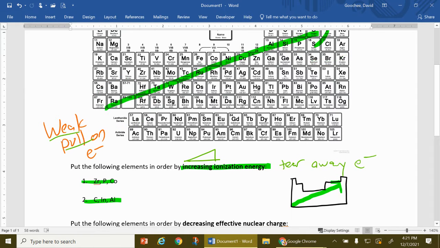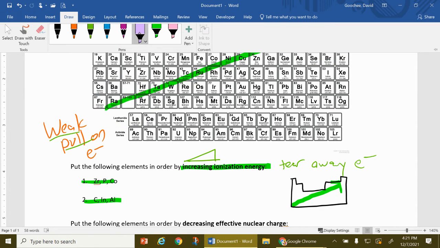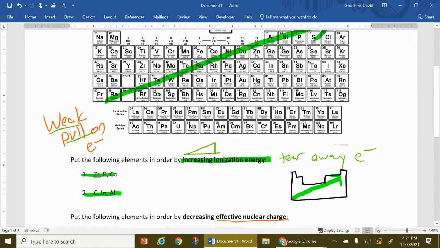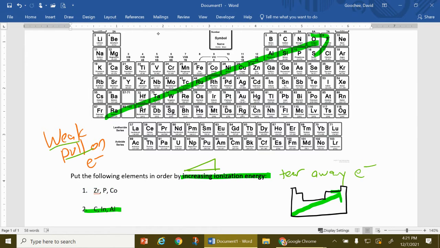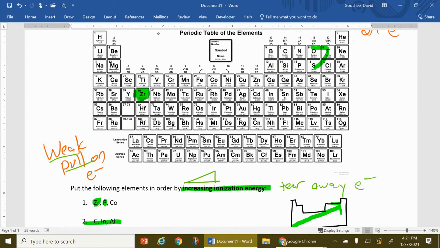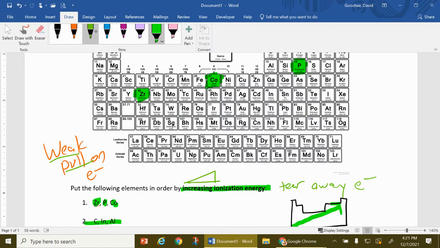Let's put these guys in order. Let's find them on the periodic table first. We have zirconium, which is here. We've got phosphorus, which is here. Then we have cobalt, which is here.